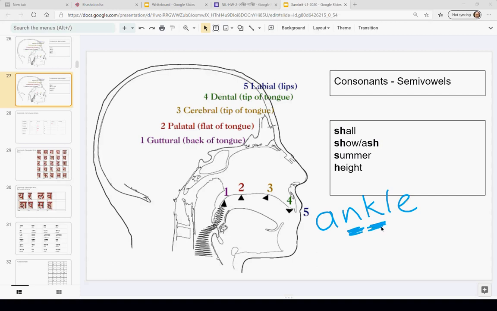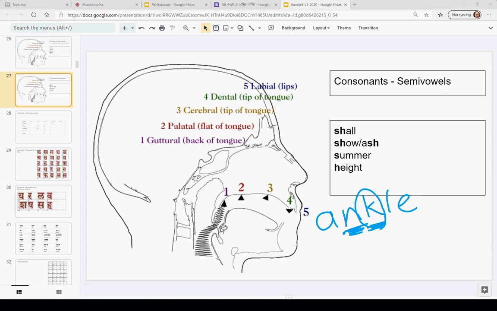When we are pronouncing it, we are not pronouncing it as na, we are not pronouncing it ankle. It changes to the nga sound because there is a ka letter after that. So this sound changes to nga.